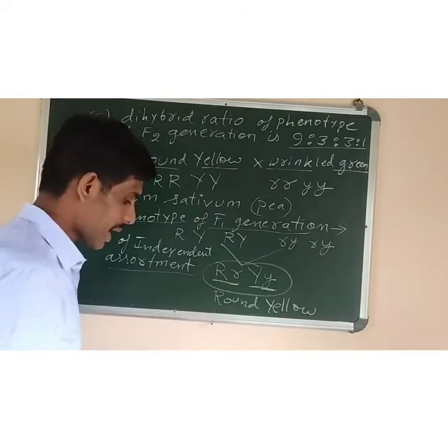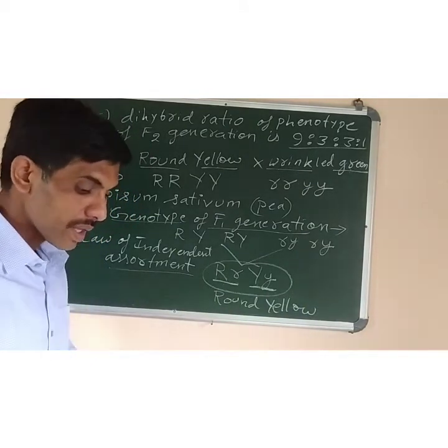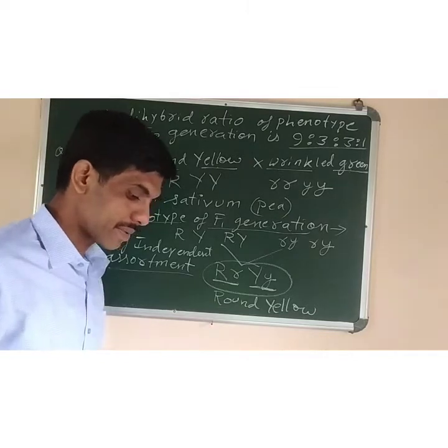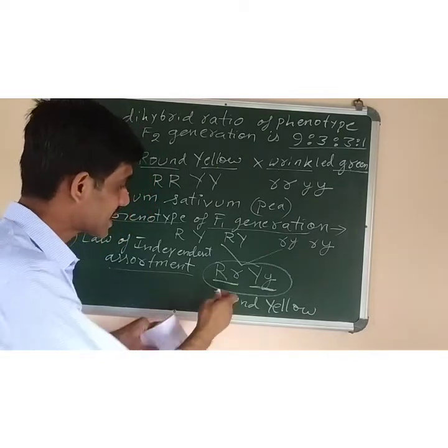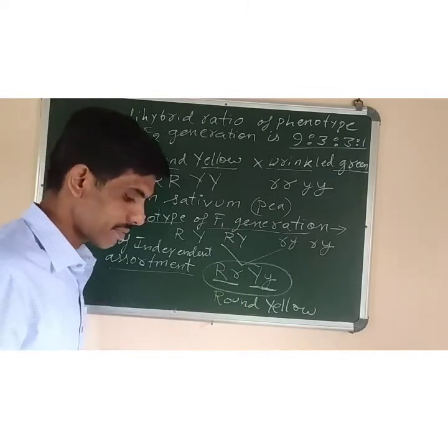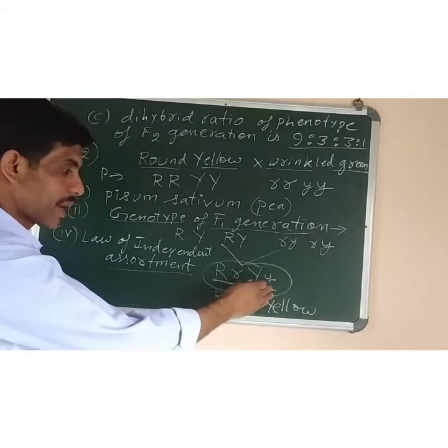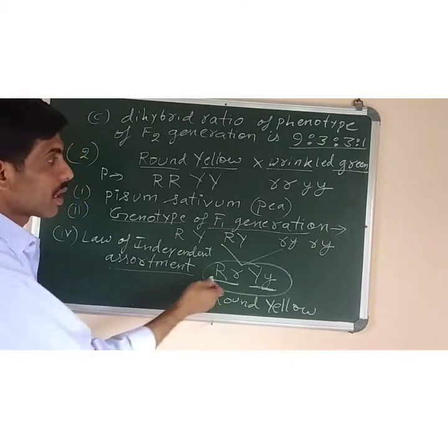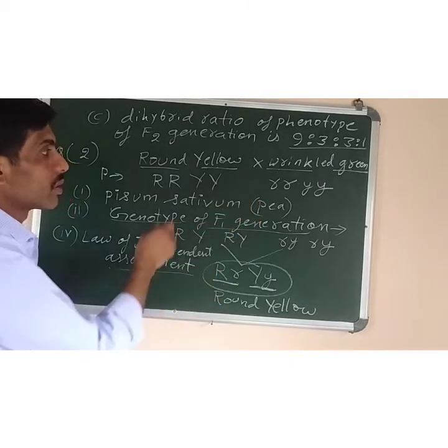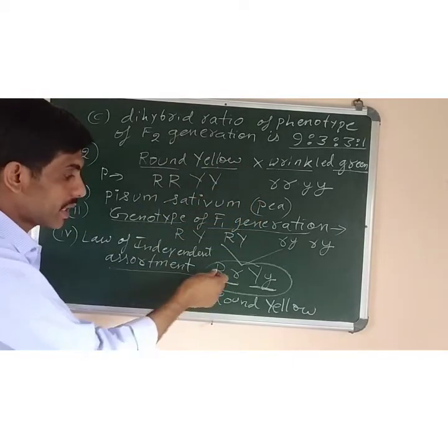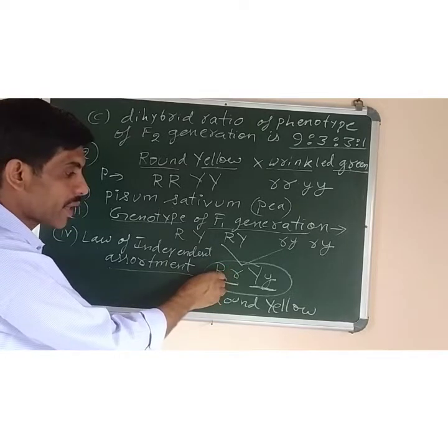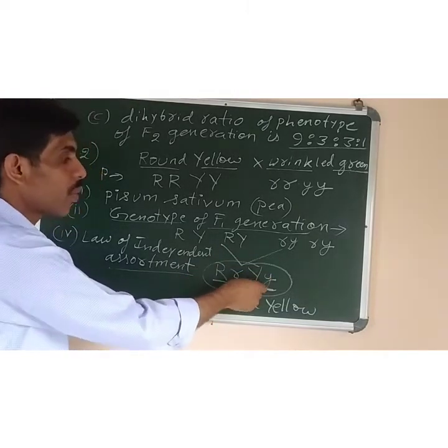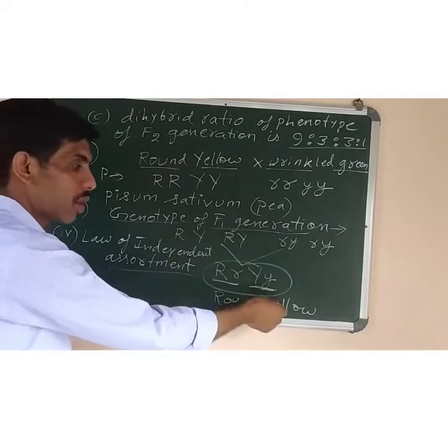When both are combined, then in a hybrid, this is the hybrid plant, segregation of one pair of characters is independent of the other pair. Means when round is separated from the wrinkled one, the color has the choice. The round can go either with the yellow one or the round can go along with the green one.